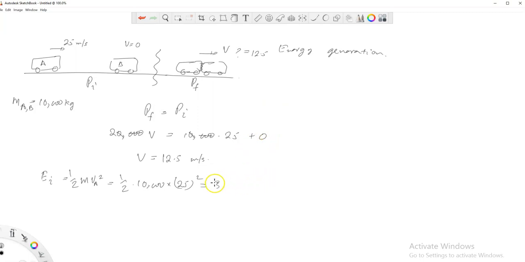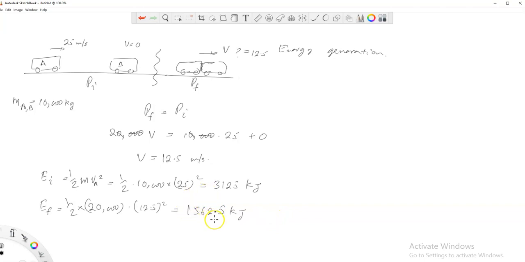I'm going to write it in kilojoules. 3125 kilojoules. Let's find E final. Half times the combined system, which is 20,000, times 12.5 squared. What I get is 1562.5 kilojoules.